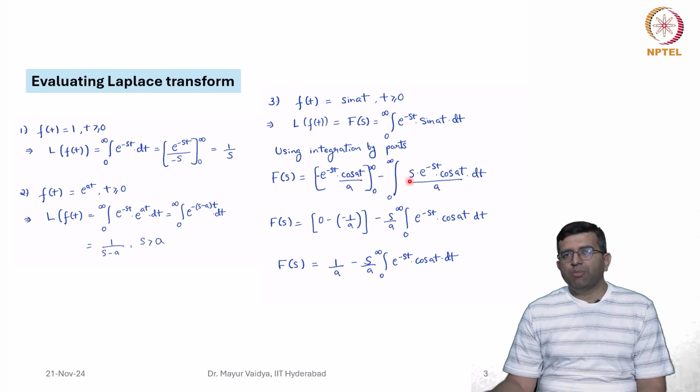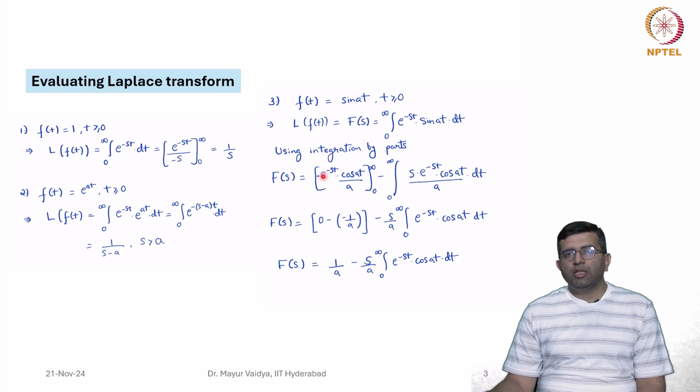That's why you don't see a minus here, because there is one minus coming from the differential of e power minus st, and another minus coming from the integration of sine at. So the minus minus cancels out, and what you have inside the integral is s into e power minus st cos at by a.